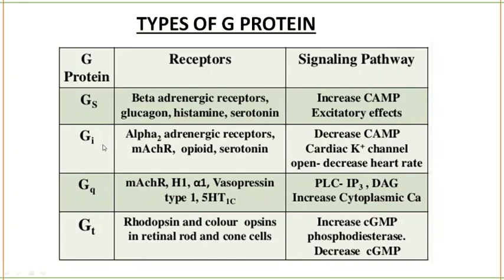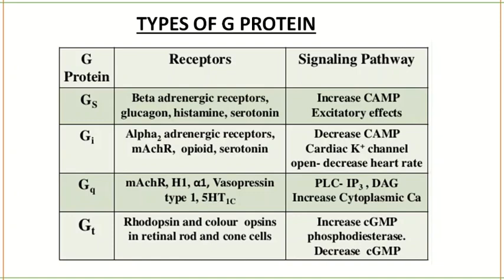GI is G inhibitory. It is present in the alpha 2 adrenergic receptor and opioid receptor, and the pathway for this is that it decreases the cyclic AMP levels and causes the cardiac potassium channel to open, thereby it decreases the heart rate.